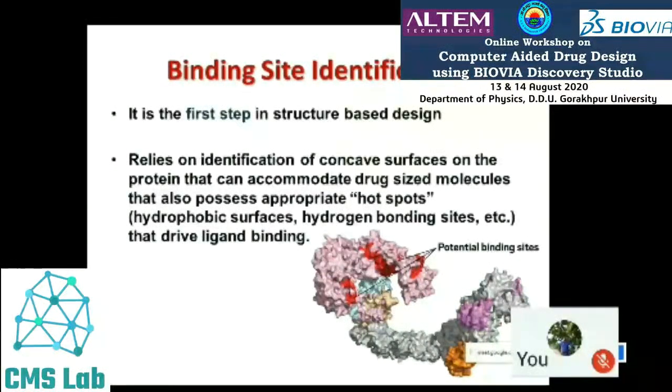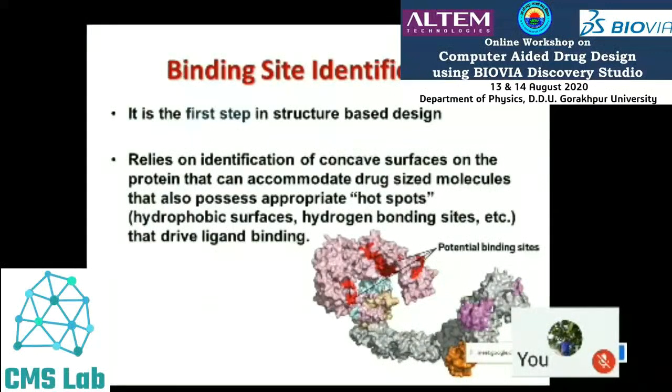These hydrophobic surfaces and hydrogen bonding sites especially drive the ligand binding. So if you are testing a ligand on a protein or enzyme, the identification of these hotspots is very critical.